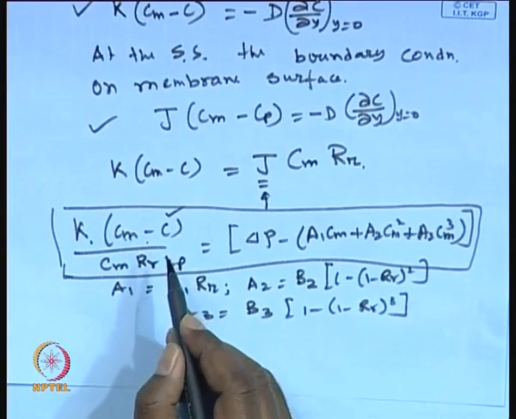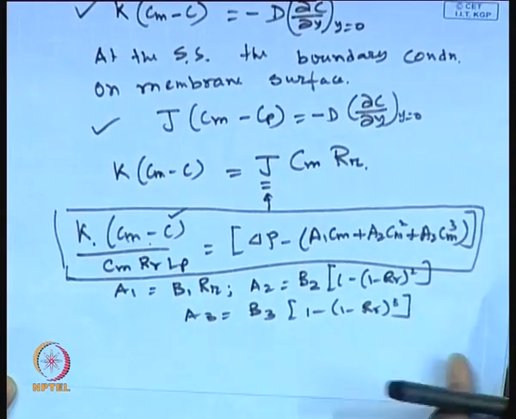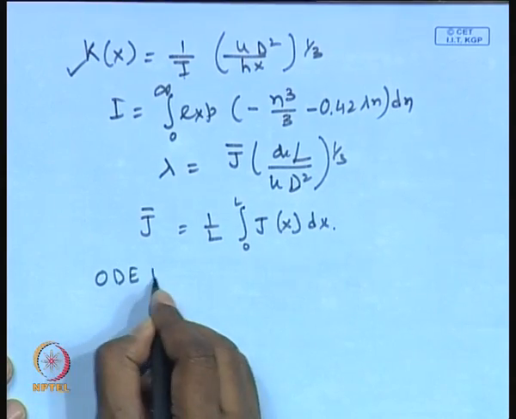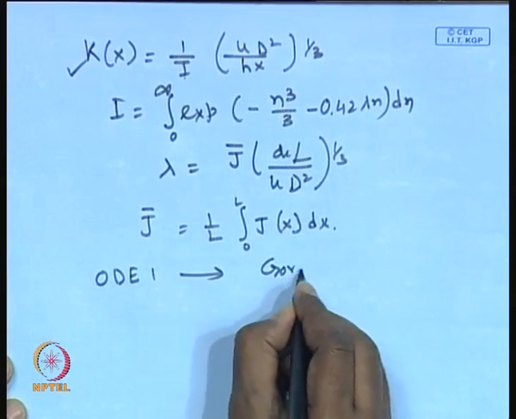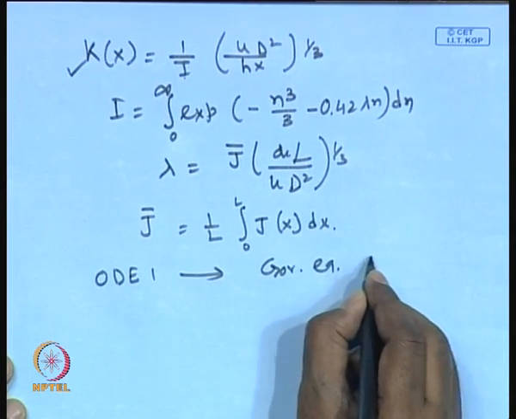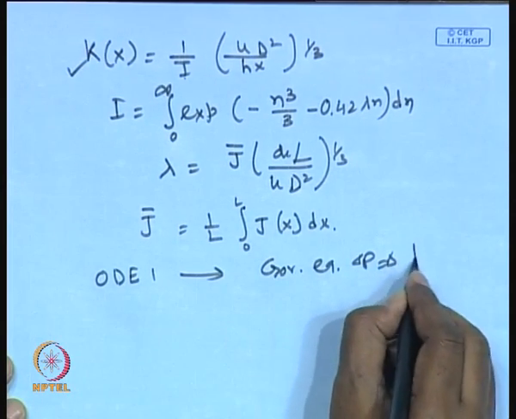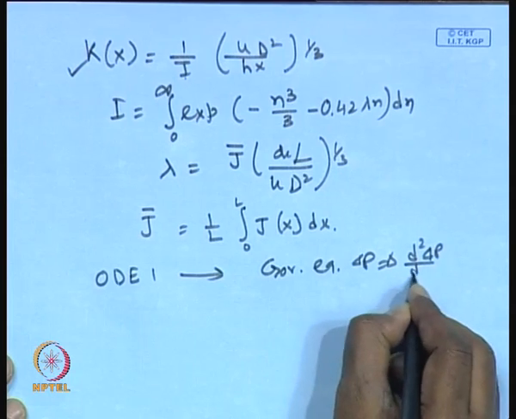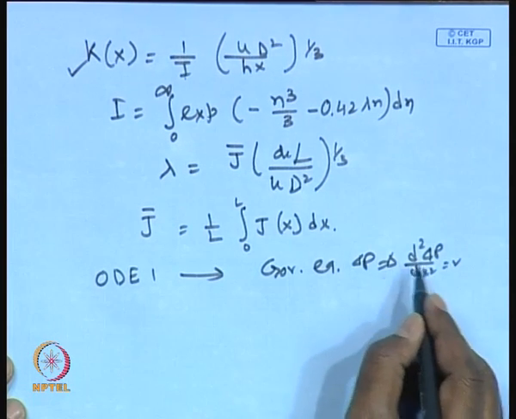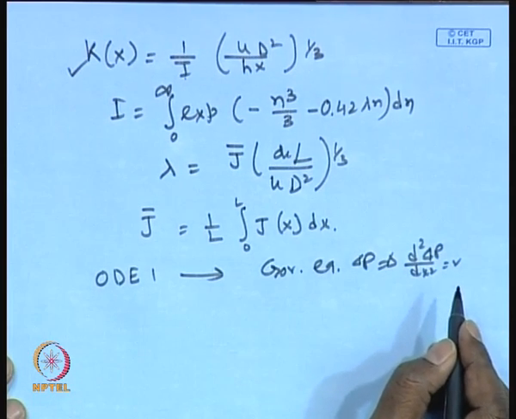Now all the three governing equations, if you remember, all the three ODEs. ODE number 1 is the governing equation of delta p. You had d square delta p dx square equal to something, or d delta p dx as a function of u.